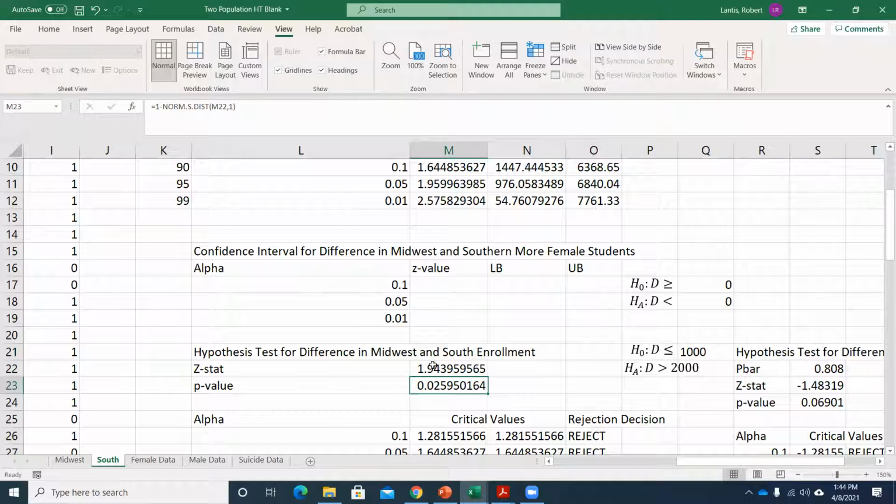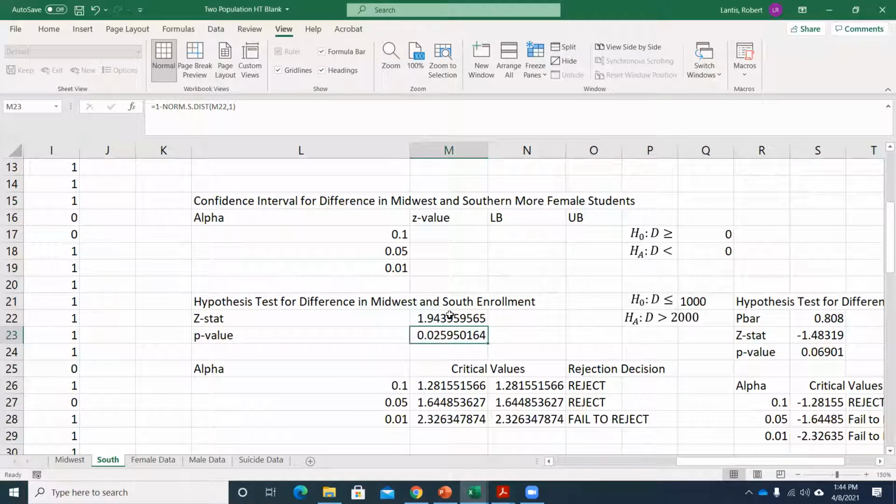My p-value went up, and I failed to reject now at the 99% level. And I could really test any value here. It's just that more often than not, I just want to know if the Midwest schools have more students. I usually don't want to phrase things as, do they have 1,000 or more students? So you can do it. It's just not the most common type of problem that we'll run into.